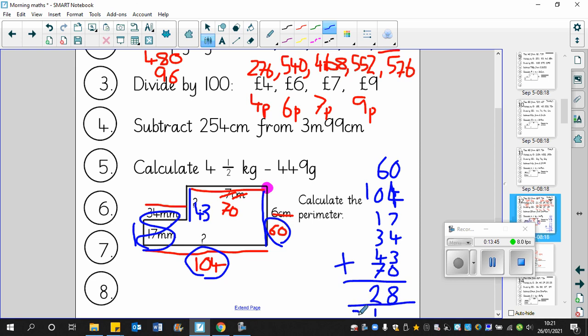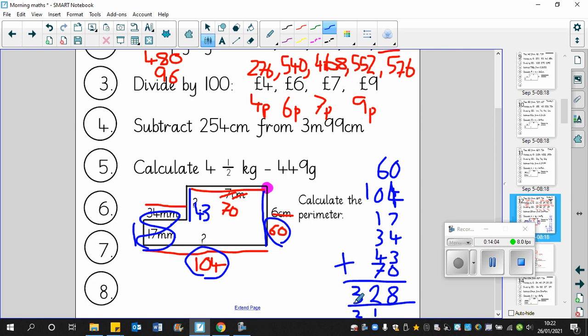And a 2 goes just there. And I've got the 1 from the 100, and then nothing else in the hundreds column until we get all the way down to here. We've got a 2. So 1 add 2 is 3. So the answer is 328.